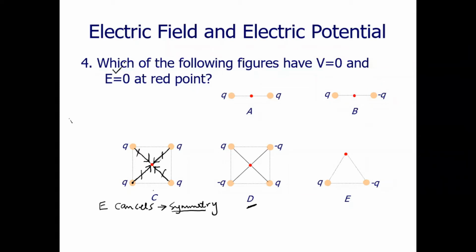Now, what about the V, the potential? Anyone who wants to say something? I think we are all agreed that the electric field will be equal to 0. But then is the electric potential also equal to 0? Yes, Mr. Sinyenza, your hand is up.